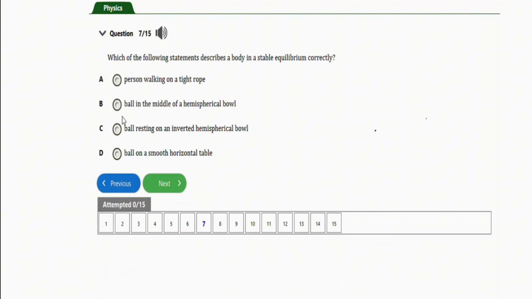It says, which of the following statements describes a body in a stable equilibrium correctly? Person walking on a tightrope, ball in the middle of a hemisphere bowl, ball resting on an inverted hemisphere bowl, ball on a smooth horizontal table. So the correct option is option B, which is ball in the middle of a hemispherical bowl.